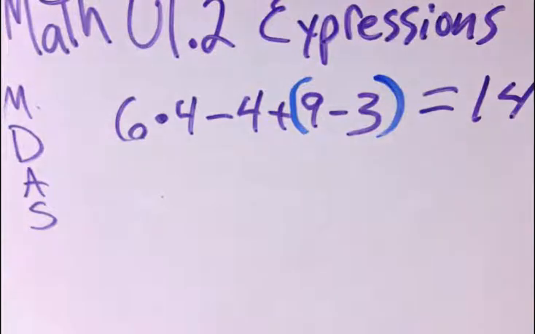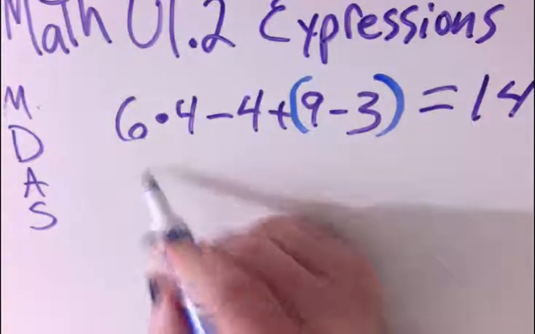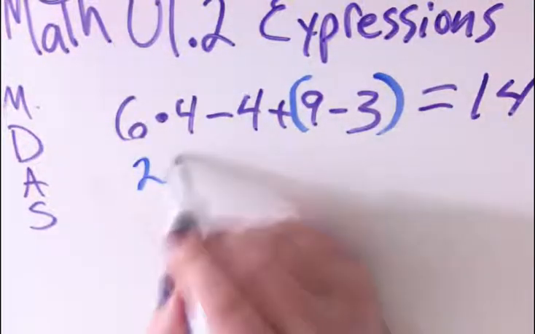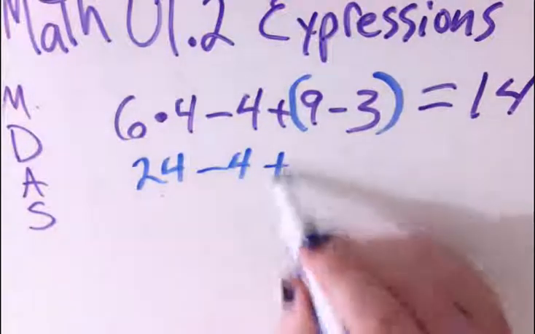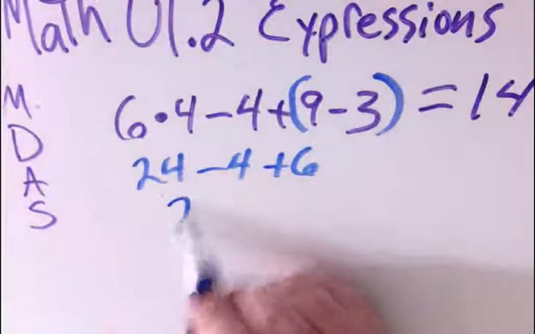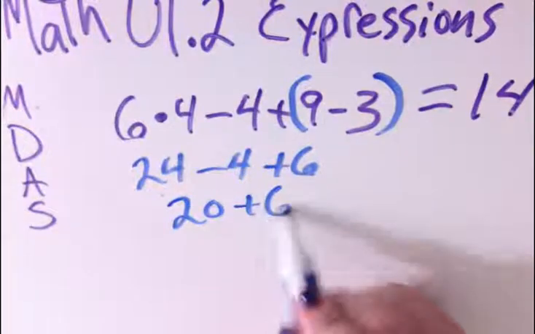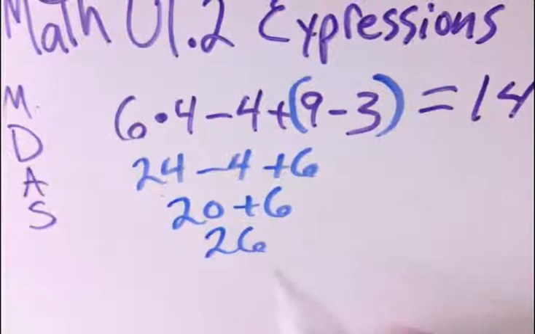Okay, so let's work it through with that. This is still going to be 24. So that still gives us 26. So it doesn't equal 14, so we know we have to do something else to this.